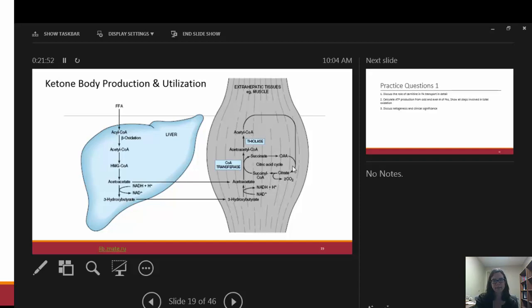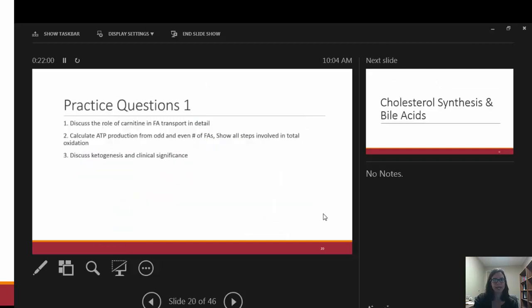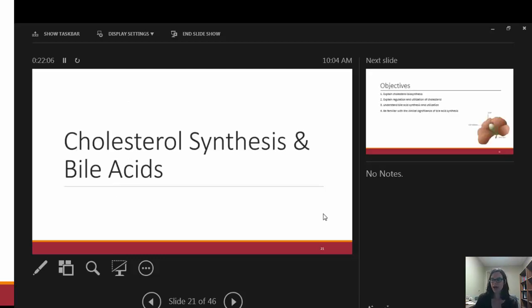But if we don't have the ability to go through the TCA cycle, these can build up. And here are our practice questions, so I'll let you do those on your own, and we're going to move on to cholesterol synthesis and bile acids.